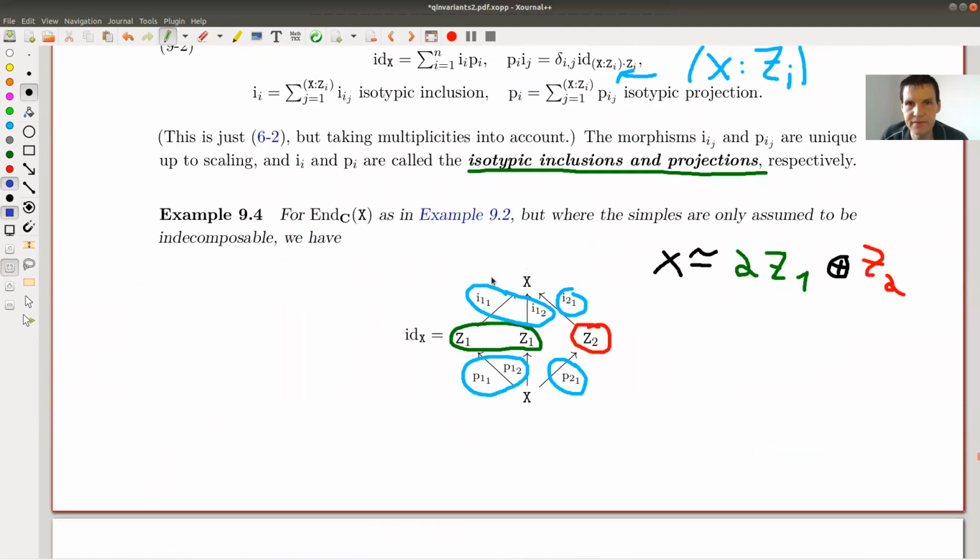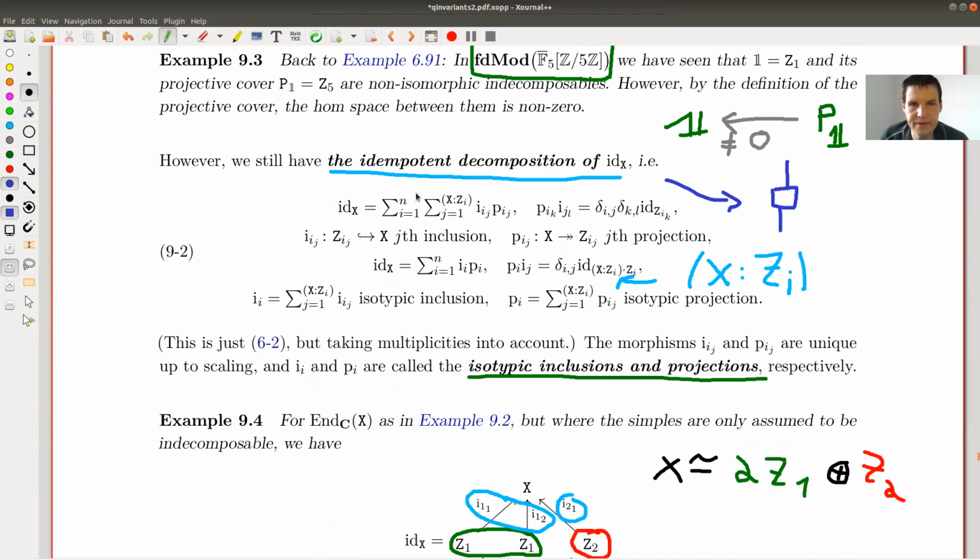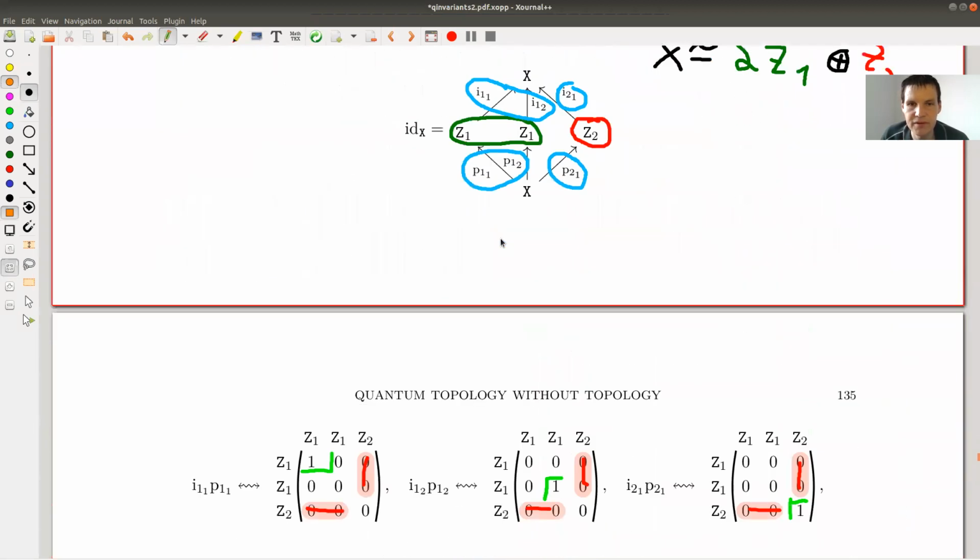So very good. Right, so this decomposition here, maybe I shouldn't do it in blue. Maybe I should do it in orange. So this decomposition here, identity is the sum over isotypic components. That's n, the sum over the various components of the isotypic component.